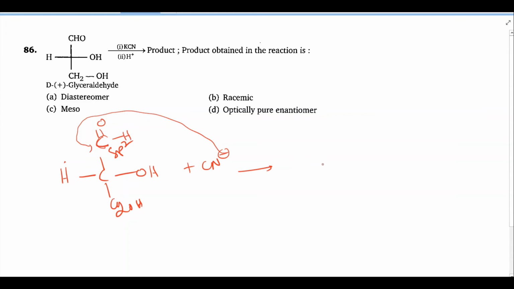So if it is attacking front side, hydrogen, H and OH, so CH2OH, what will happen? See, if it is attacking backside, here this is CN, here this is hydrogen, this is OH.